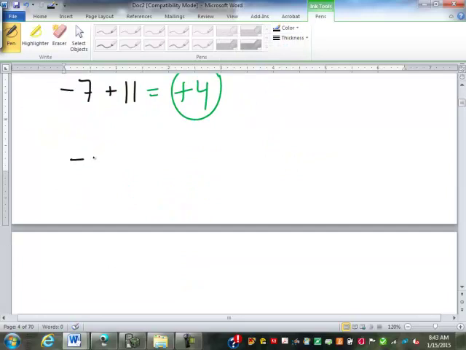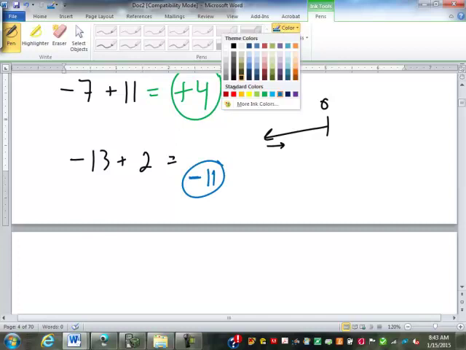So we might have -13 plus 2. Well, here's 0. -13, +2 is obviously shorter. So what's the answer going to be? Positive or negative? Bless you. Negative. And 11. It's the difference between them because they go opposite directions.